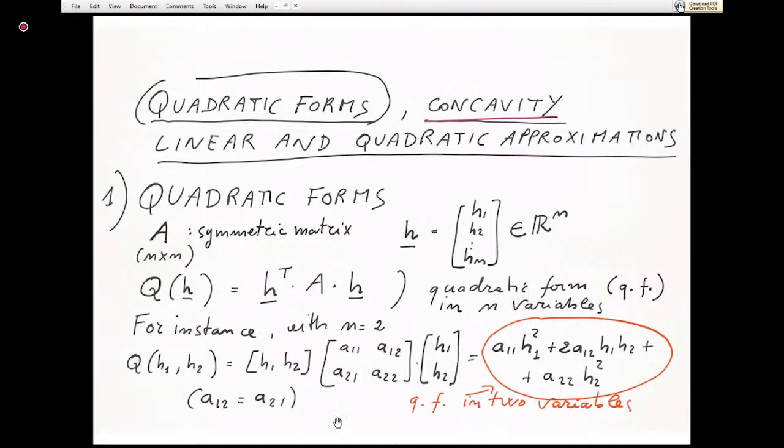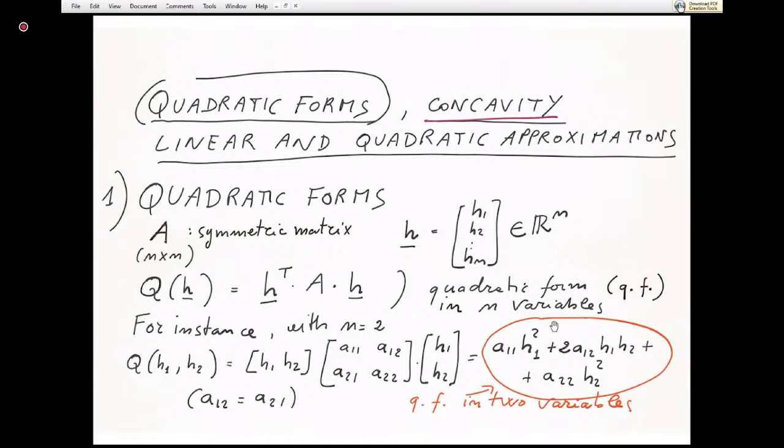And I was saying that this is supposed to be a symmetric matrix. This is a quadratic form in two variables. Remember that these a11, a12, a22 are numbers. So it depends on the variables h1 and h2, right? In some cases, it has a very nice property. Whatever the values you select for h1 and h2, this quantity is always positive, for instance.